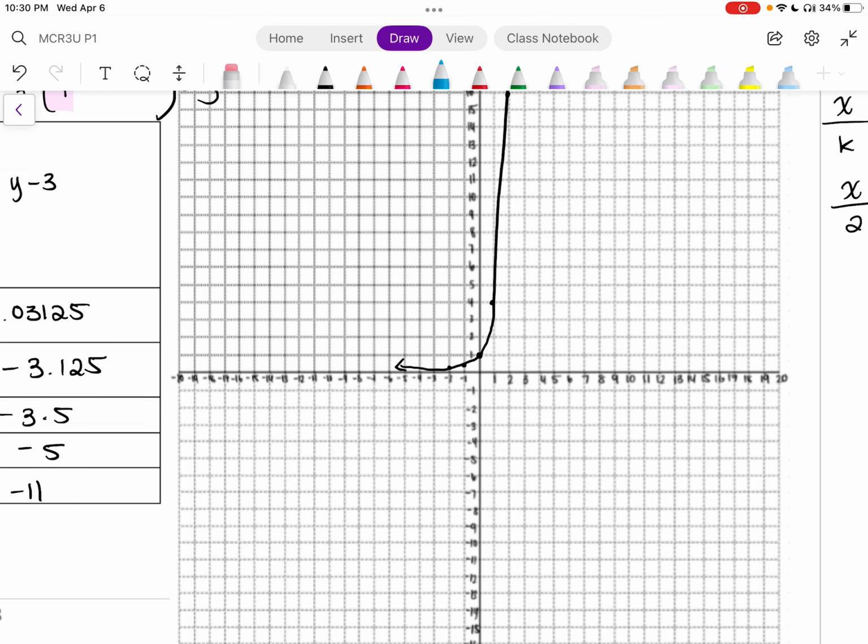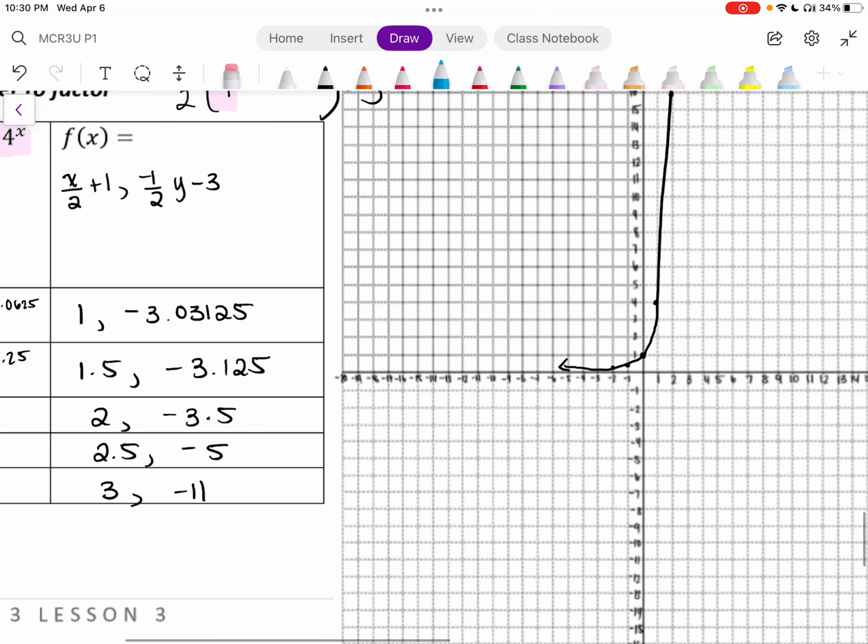So I know I'm going to have 1, x of 1 goes down to negative 3.03, so like here-ish, right? Then I have 1.5, so in between the 1 and 2, it's going to go down to negative 3.125, so like here-ish.